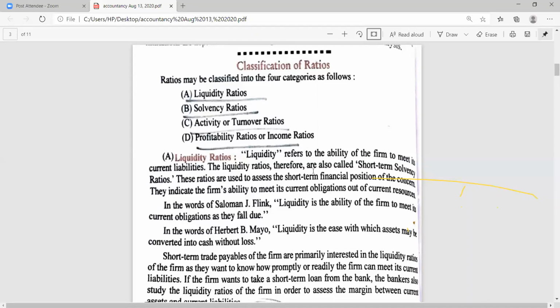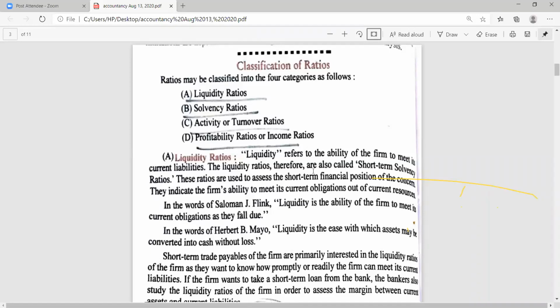See, what is liquidity? Liquidity refers to the ability of the firm to meet its current liability. It means the ratio which shows how much the firm is capable to pay its current liability. Now, what are the current liabilities? Your trade creditors and your bills payable are your current liabilities that are to be paid during 1 year.